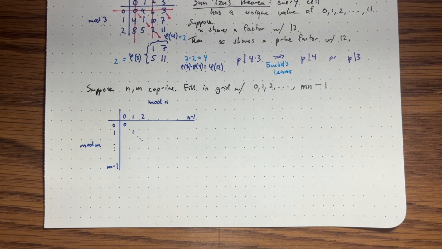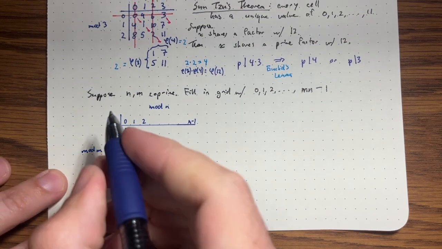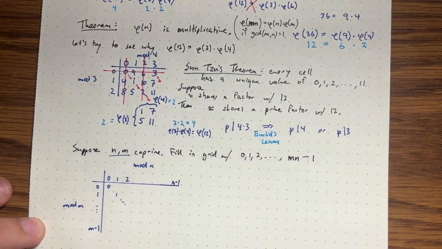How do we know we can fill in a grid? It's because n and m are coprime, and we use Sun Tzu's theorem.